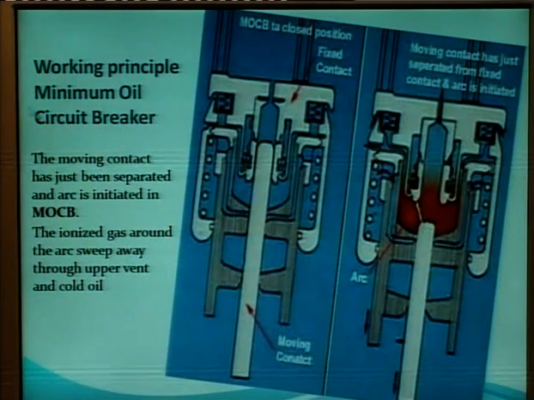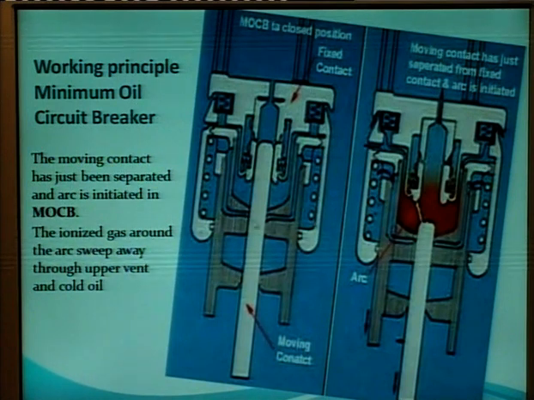Now see the working principle of minimum oil circuit breaker. Now see, in the first diagram, this is the fixed contact, this is the moving contact. In this diagram, the moving contact has just been separated and an arc is initiated in the minimum oil circuit breaker.